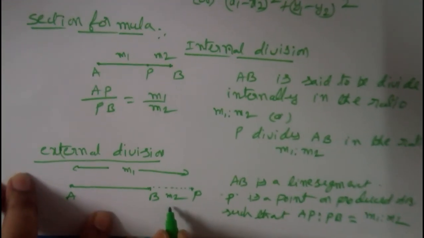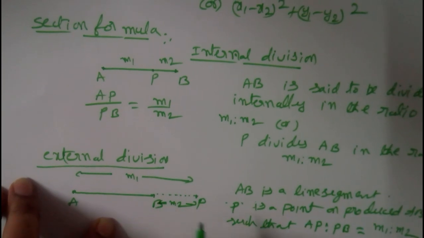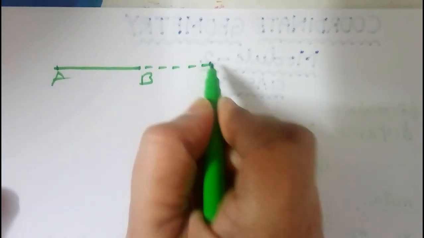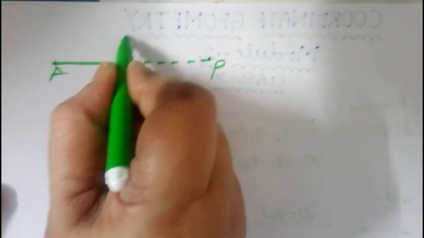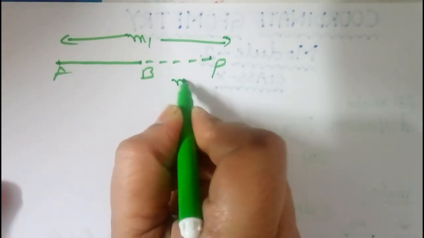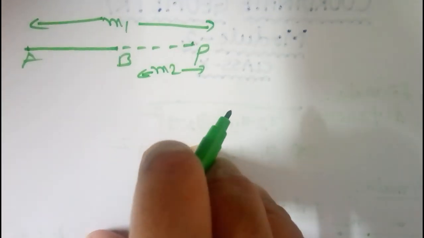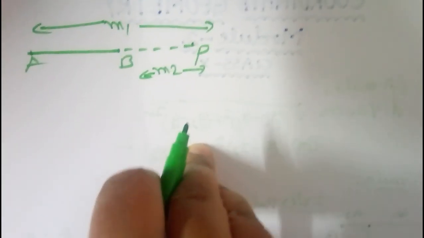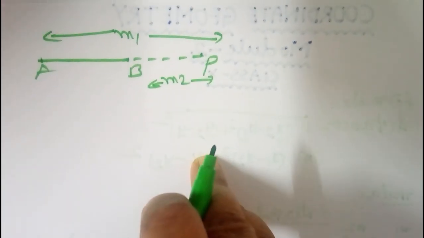Here if you observe the previous figure, this one is m1 and this one is m2. Then AB is said to be divided externally in the ratio m1 is to m2.